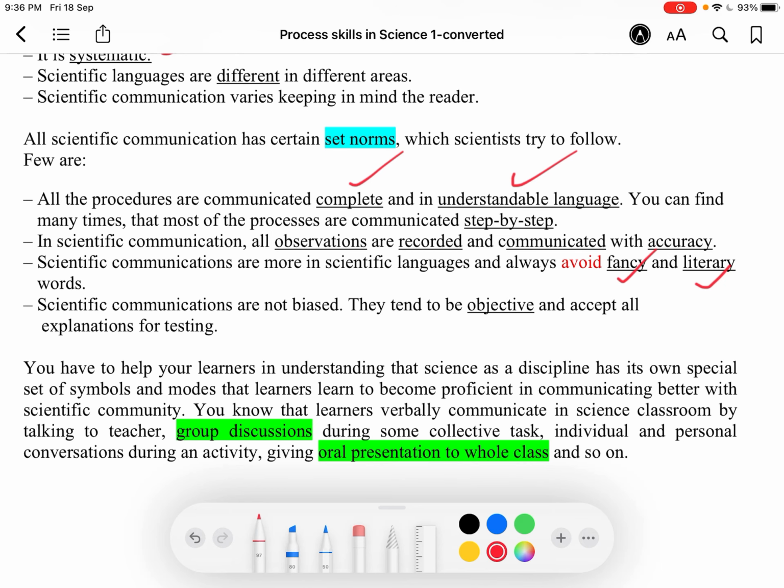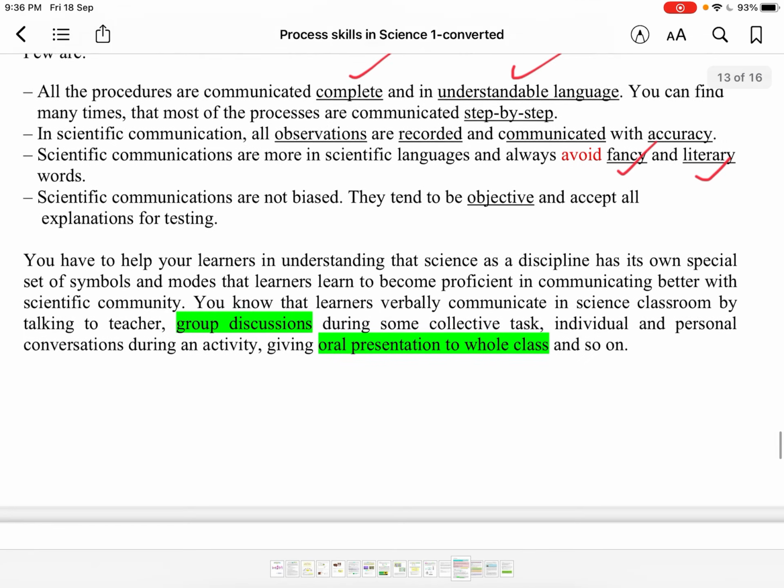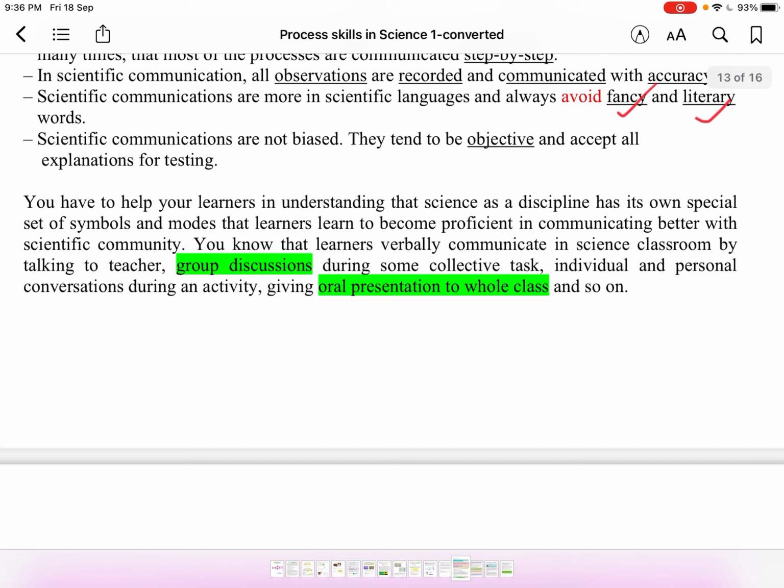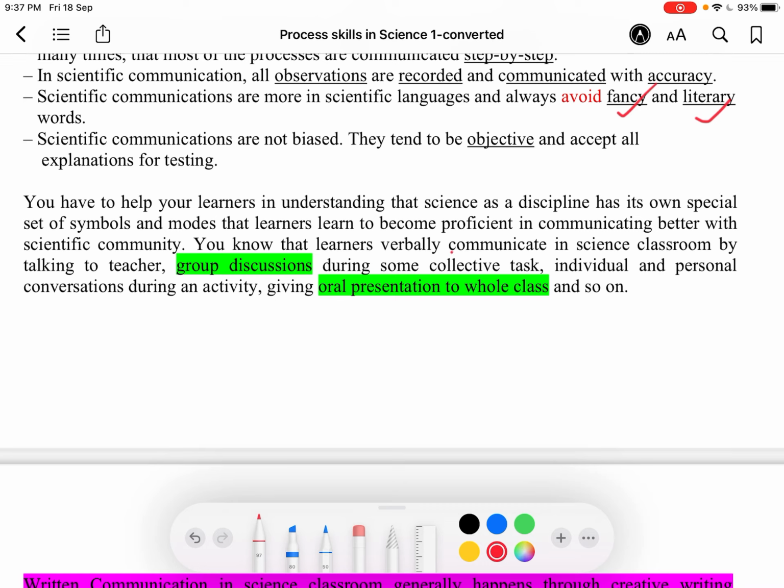And once that is done, we can ask the students to share their opinions or their observations verbally in the science classroom.